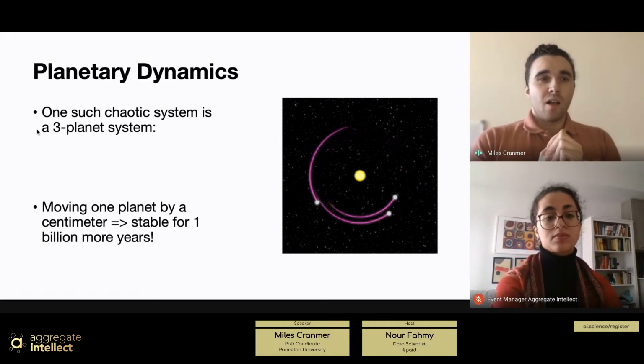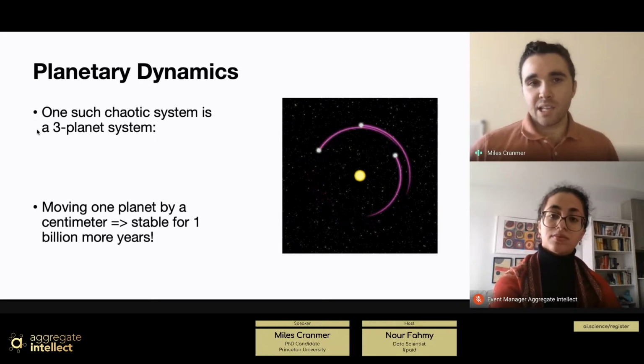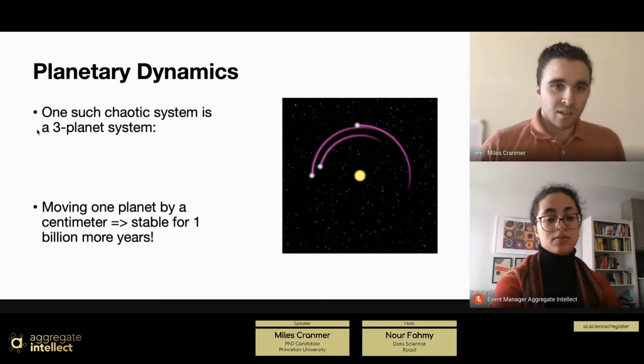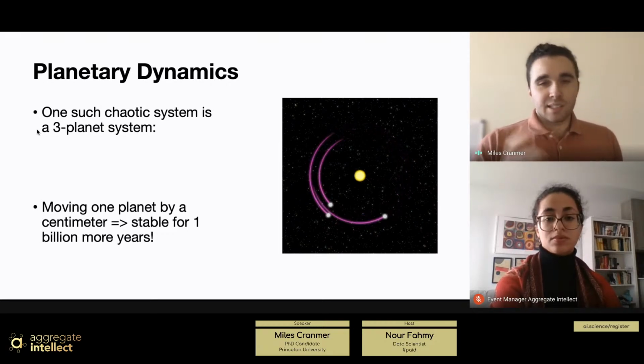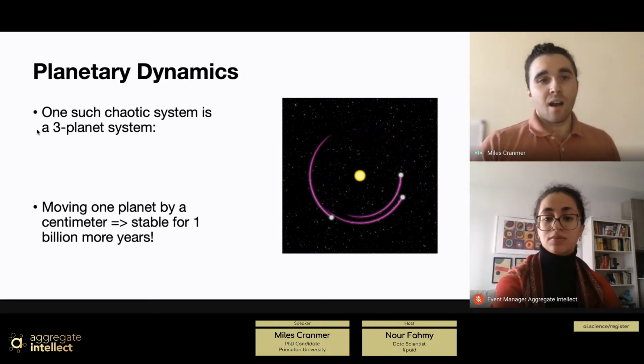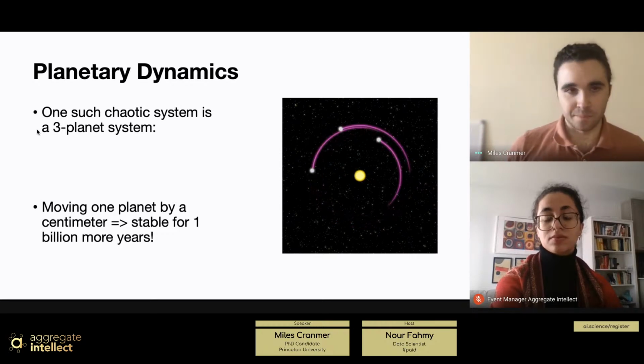This classic 300-year-old problem is for a system with 3 planets. It's called the 3-body problem: if I have 3 planets around a star, this is an example of a chaotic system.